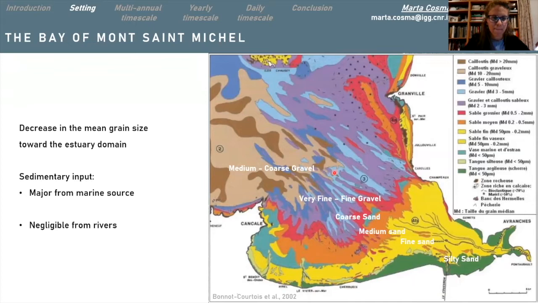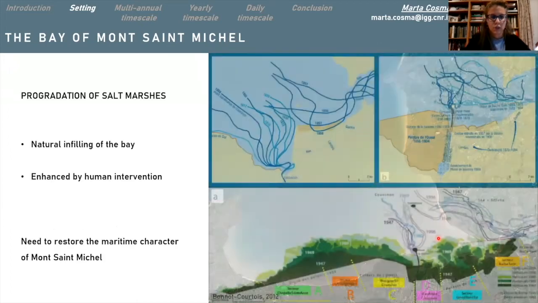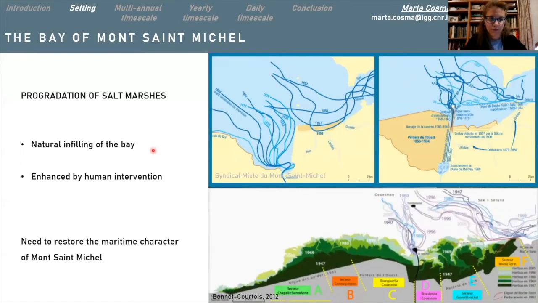There is a major marine sedimentary input, whereas the sedimentary input from the rivers is negligible. Due to the natural infilling of the bay, and also because of human intervention, there was a huge progradation of the salt marshes in the estuarine domain, and particularly near the Mont-Saint-Michel here.